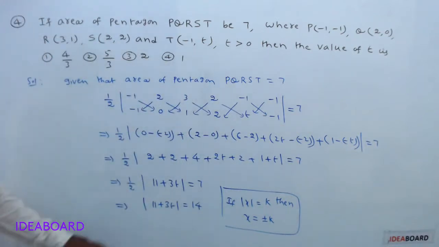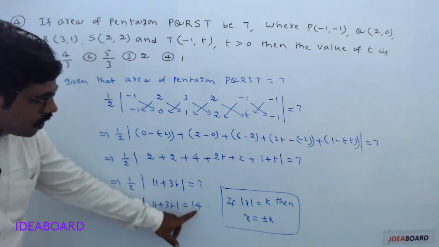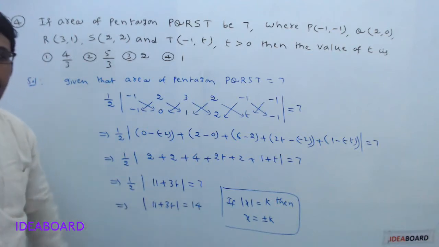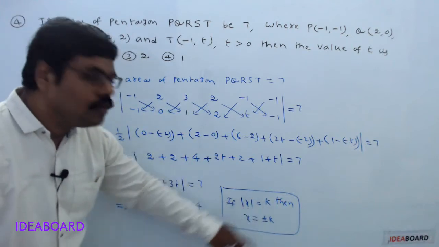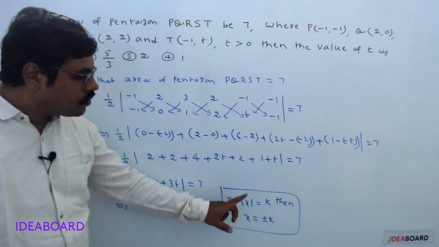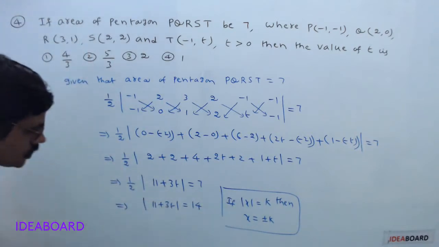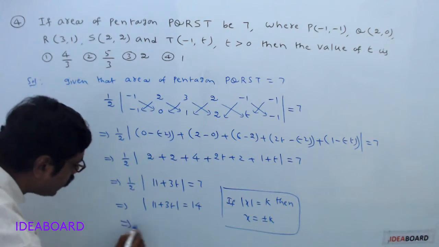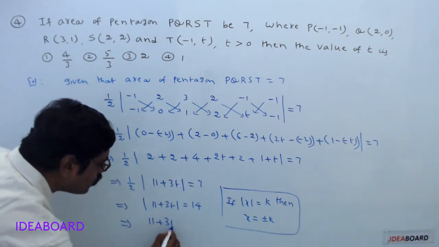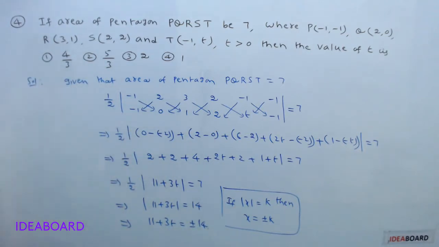Here, if you consider 11 plus 3t as x and constant 14 as k, this equation is of the form mod x is equal to k. So by using this condition, it can be written as 11 plus 3t equal to plus or minus 14.